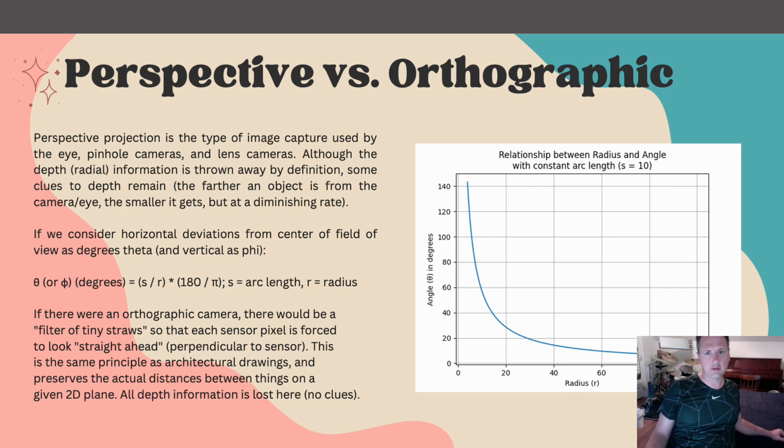This is showing you that when you have a perspective image, if you're right here at the origin, you're looking outwards this way, the further things get, the more they get compressed. But it's getting compressed at a decreasing rate. So it's kind of like diminishing returns. Like when things start getting really far away, the further they get, you're not going to see a whole lot of change, and then you can't really extract as accurate of depth information from it.